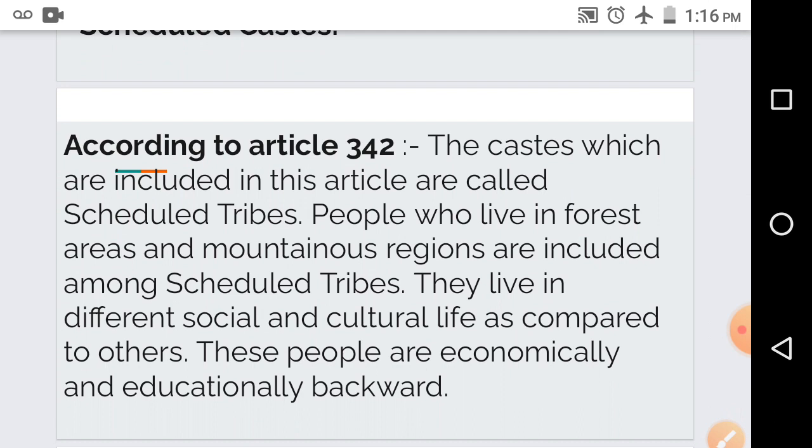People who live mostly in forest areas and mountainous regions are included among scheduled tribes. They live in specific geographical conditions and live a different social and cultural life as compared to others. These people are economically and educationally backward.